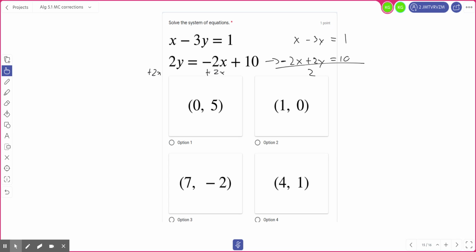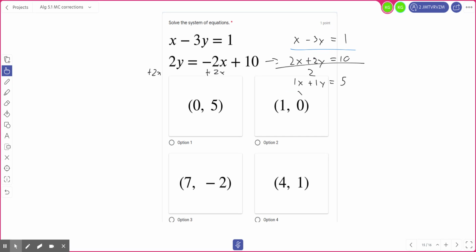So if I divide everything by 2 there, the 2x becomes 1x, the 2y becomes 1y, and the 10 becomes 5.